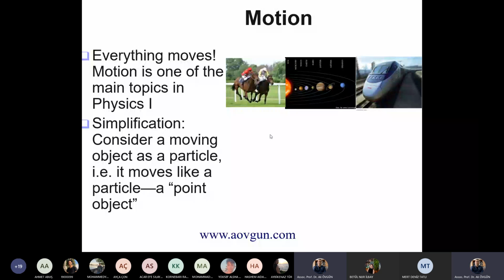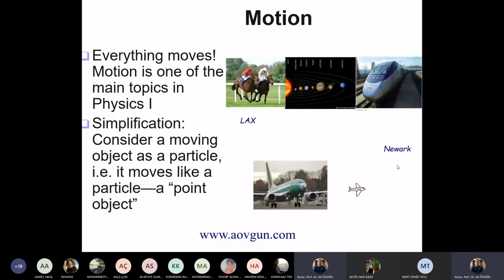So motion is everywhere. For example, from one city to another city, you use a plane and change your position. When you change your position, it means that you make a move.